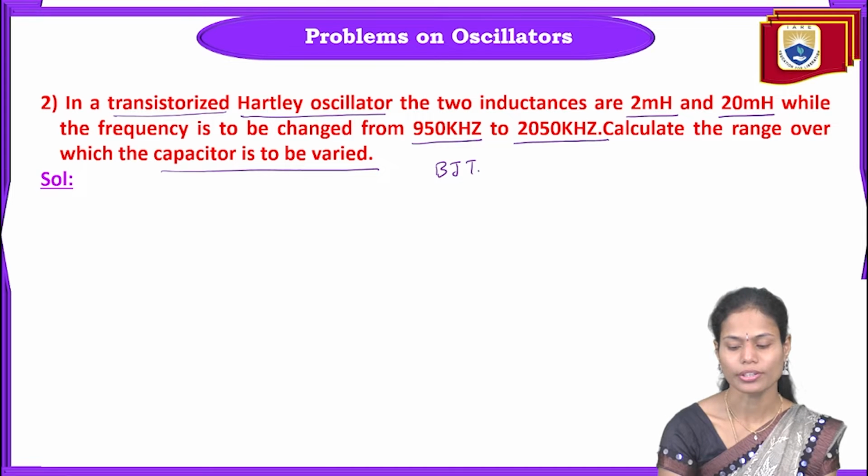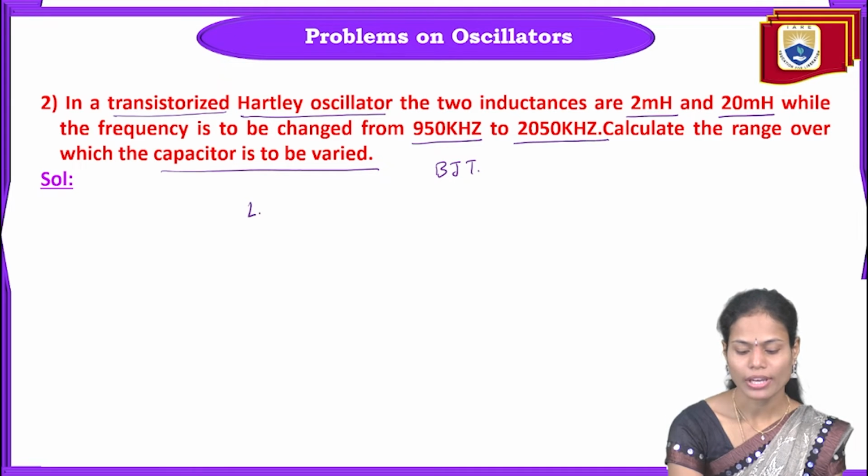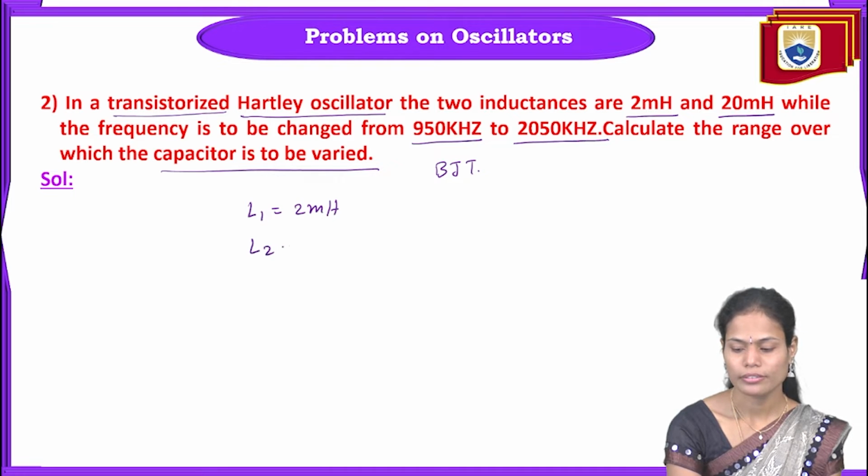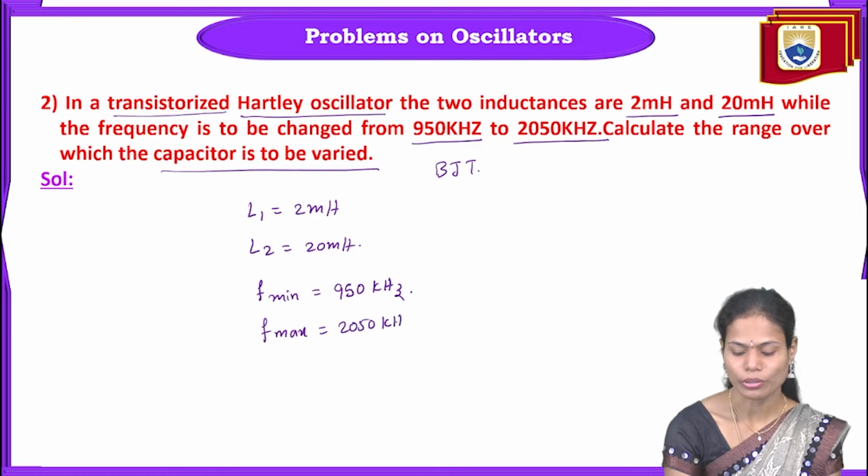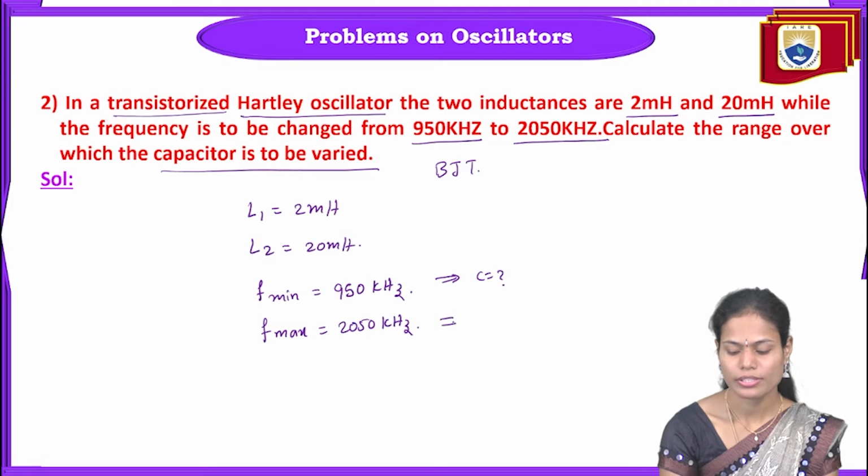For that purpose, the given values are L1 is 2 millihenries and the second inductance is 20 millihenries, F minimum value is 950 kilohertz and F maximum value is 2050 kilohertz. So we need to calculate the capacitance at this frequency as well as at this particular frequency.